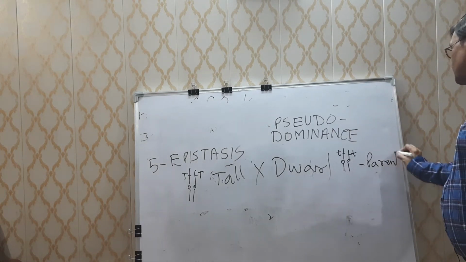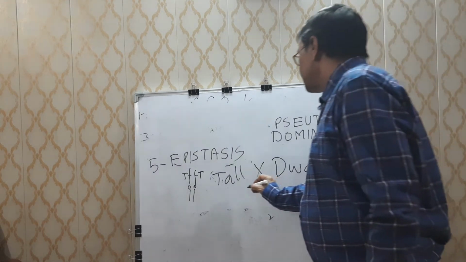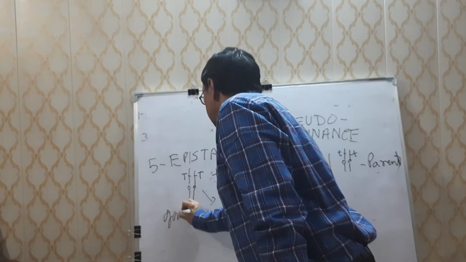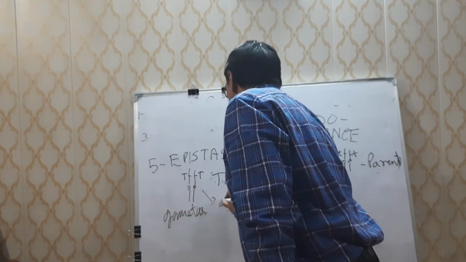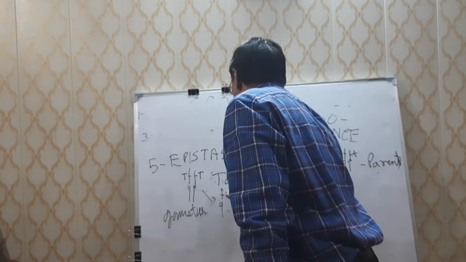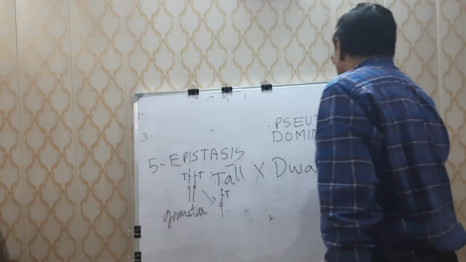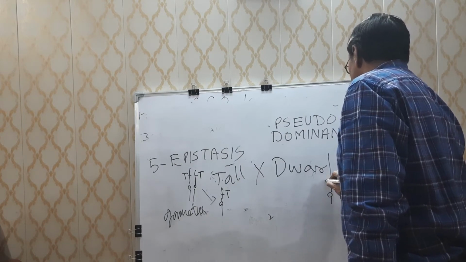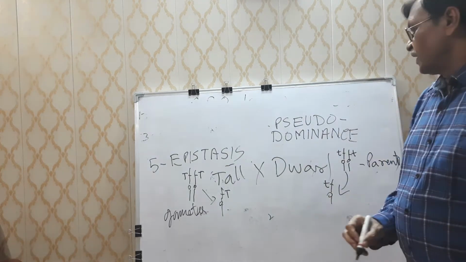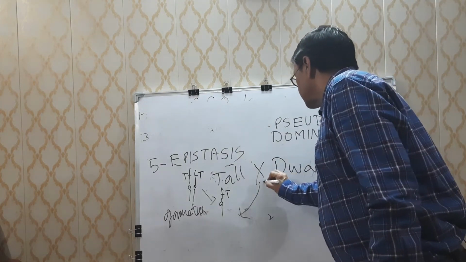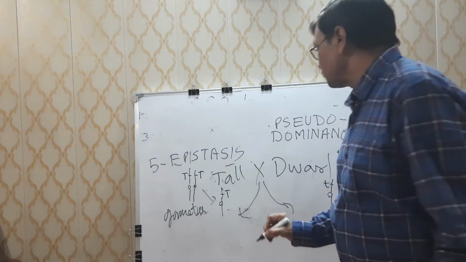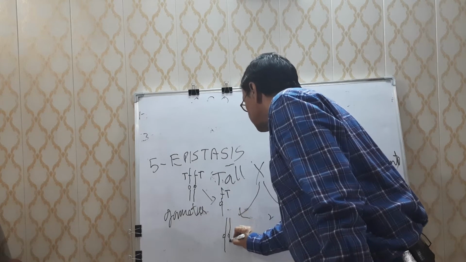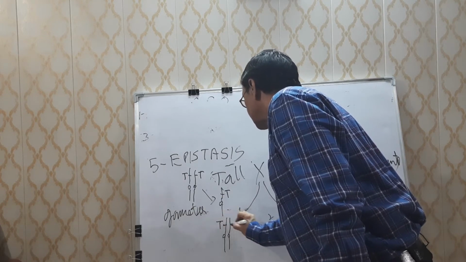If these are the parents, then the gametes will contain only one chromosome, and in normal case the individual will be capital T, small t.